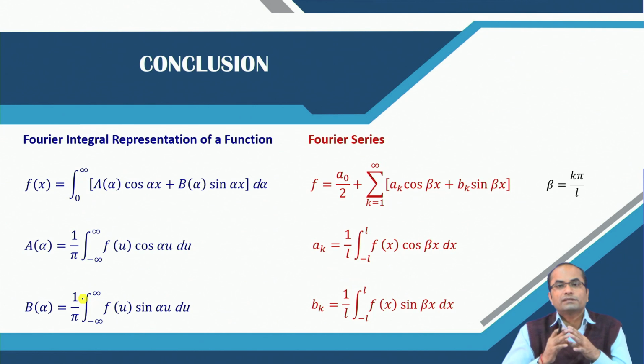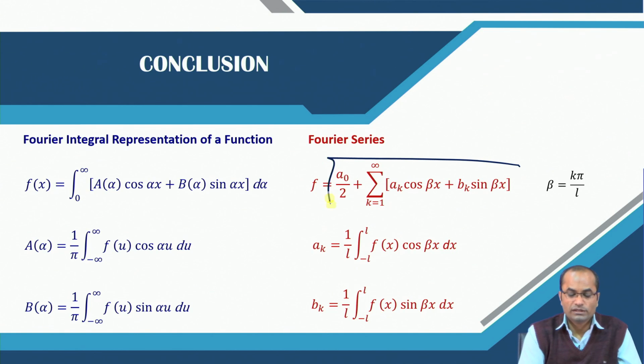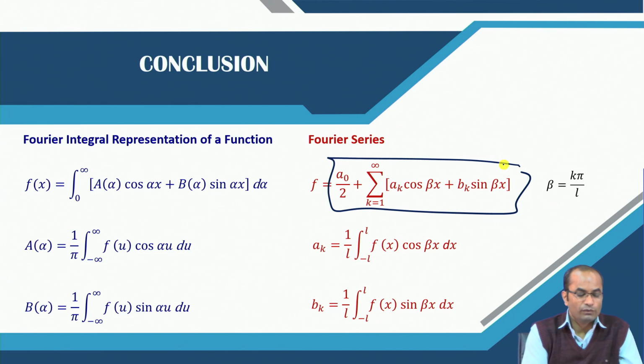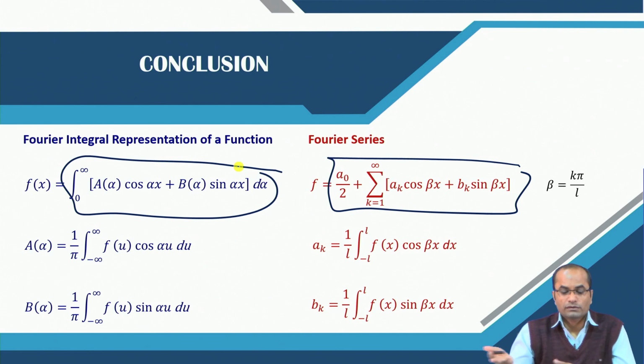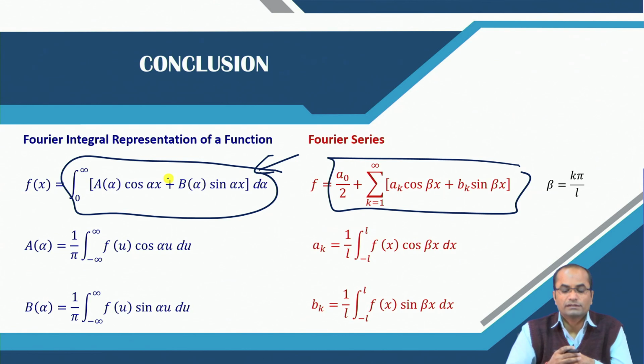So, both the representations are analogous, but remember that this Fourier series, if it converges, will converge to a periodic function, whereas this integral may not converge to a periodic function, because if the given function is not periodic, we can write down its integral representation.